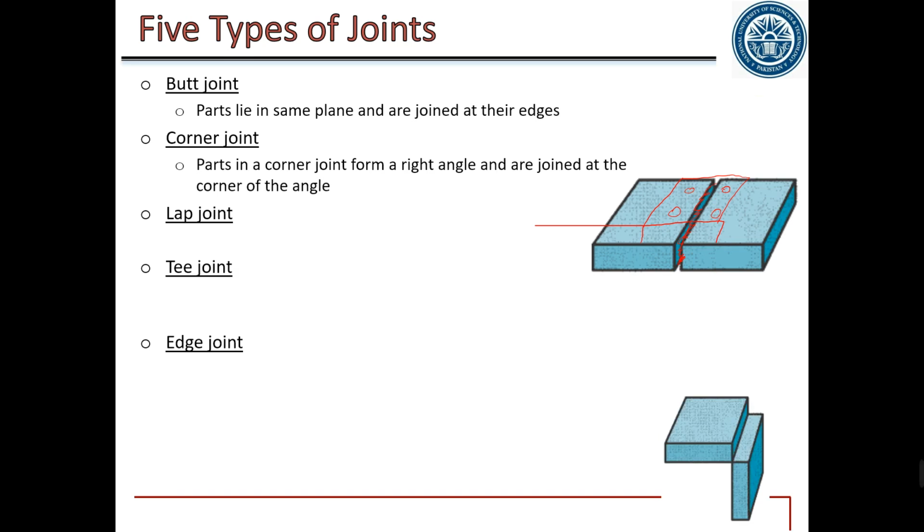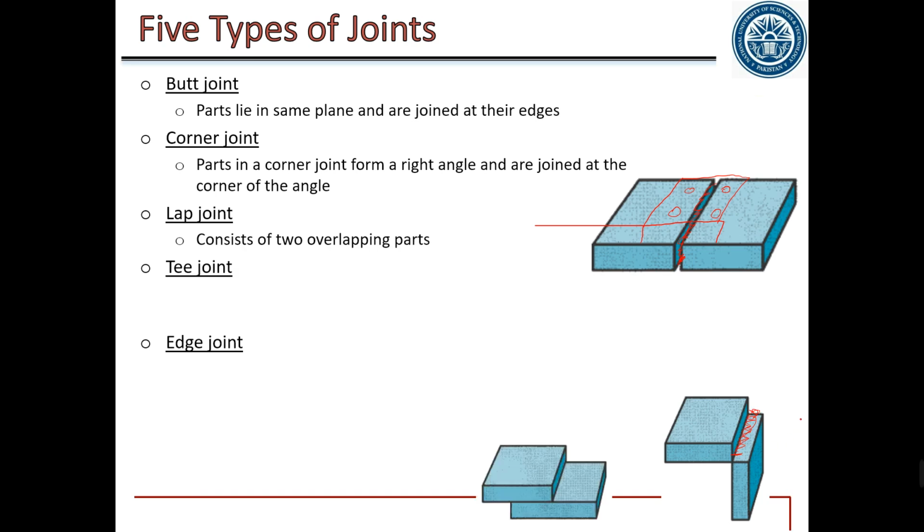Then we can have a corner joint where two parts are placed corner to corner, joined by the corner, and the weld is made here. We can have a lap joint. We can weld here and on the other surface, or if we want to make this lap joint by rivets, we can add two or more rivets here, and the same joint can be made either from weld or from rivets.